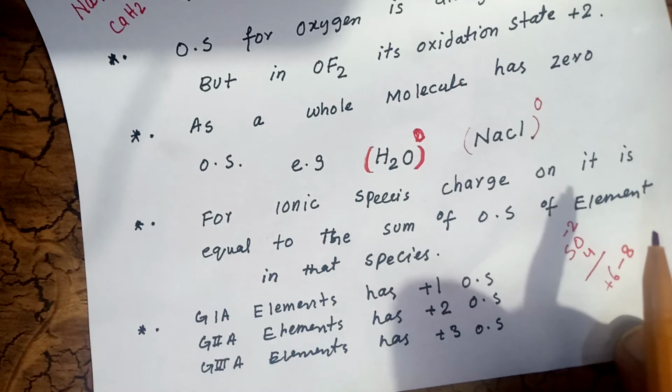And group 7A elements, which are actually the halogens, have the oxidation state of -1 in usual cases.